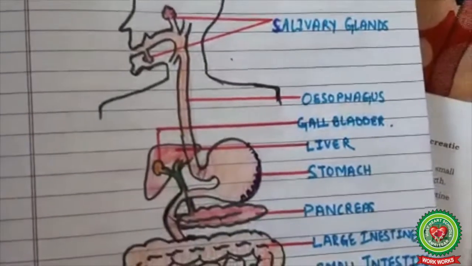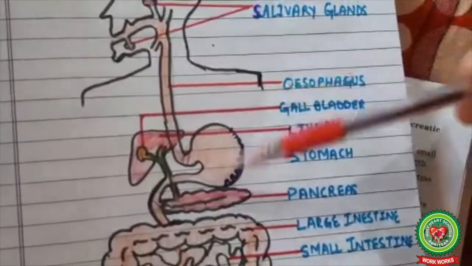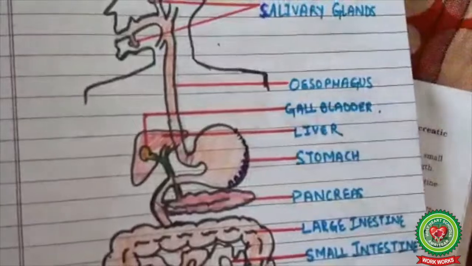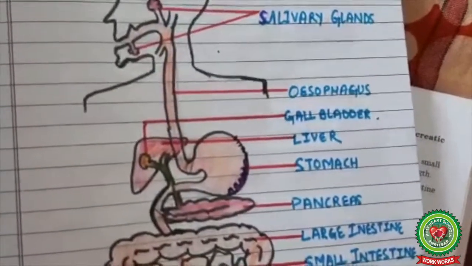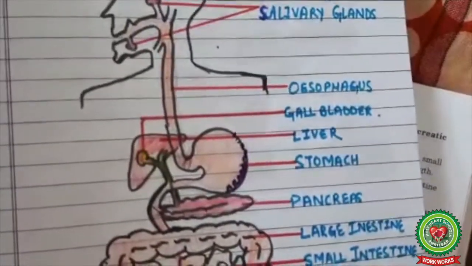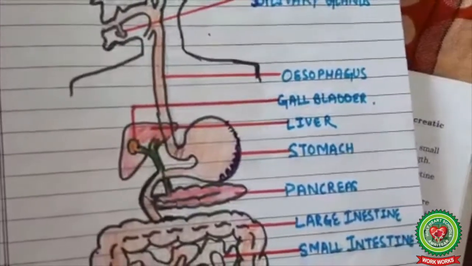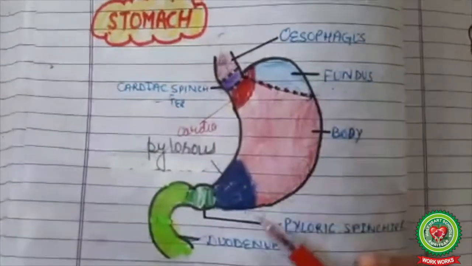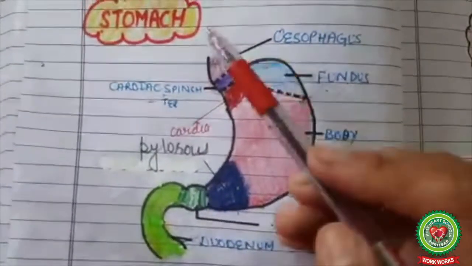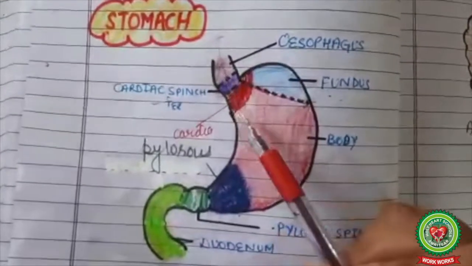Now we will proceed with stomach. Stomach is a J-shaped bag, and we will discuss its various parts now. This is the structure of the stomach. Esophagus enters into the stomach.